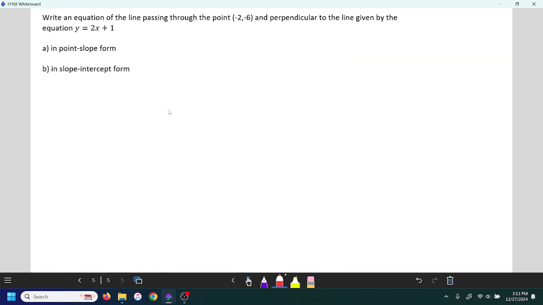All right, this one's very similar, except now we want a line that is perpendicular to the given line. So here we have a line that's given. It's already in slope intercept form this time, which is kind of nice. So we know that the slope of that line is 2, or 2 over 1.